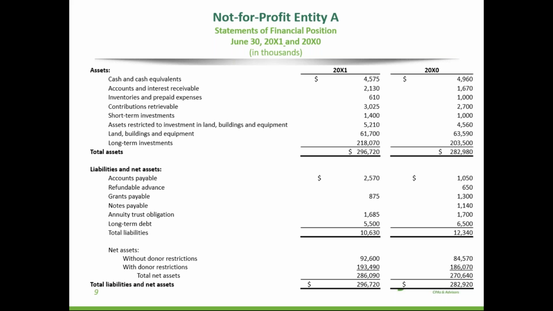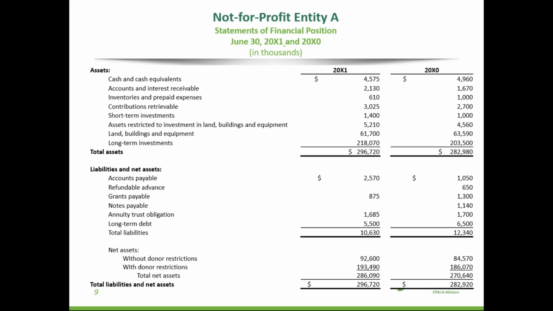So if you're a not-for-profit and you generally would have presented a board designated operating reserve or board designated endowments, you can still delineate those items on the face of the statement of financial position under without donor restrictions. So the standard has not changed that at all.